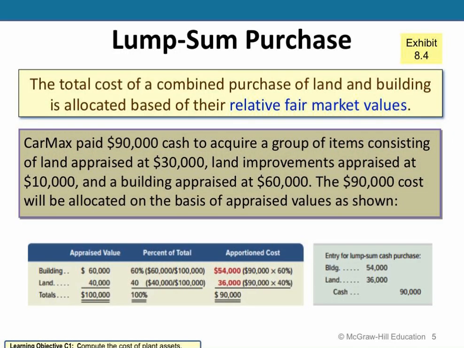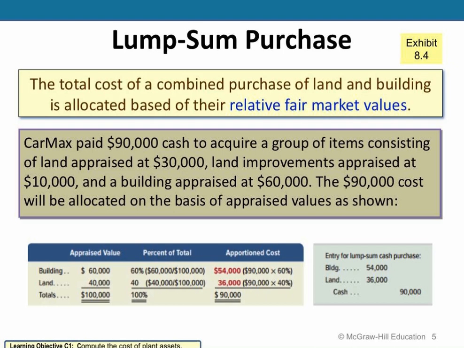So that begs the question, what happens if you have a lump sum purchase? Say you purchase a piece of land that has a structure on it for $90,000. How do you allocate that $90,000 between what part is for the structure and what part is for the land? What we're going to do is allocate that based on relative fair market values.